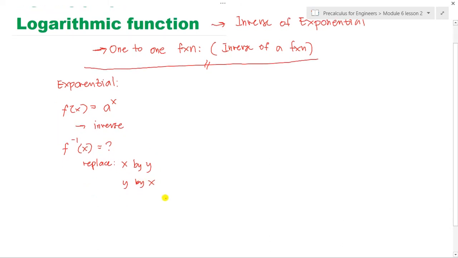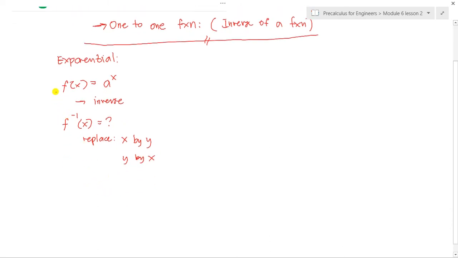Therefore, from this function, f of x, y becomes a raised to the power of x, and since we interchanged them, it becomes x equals a to the power of y.